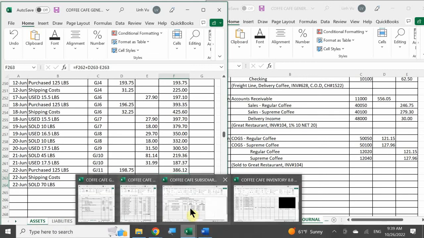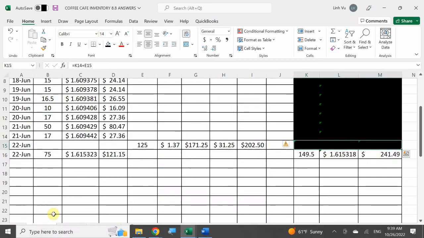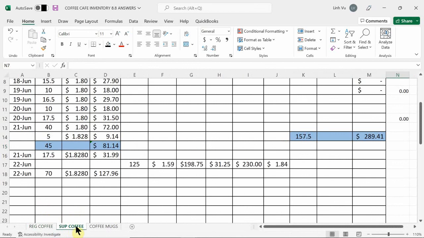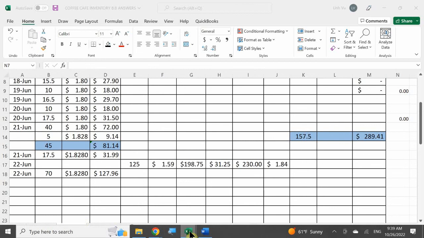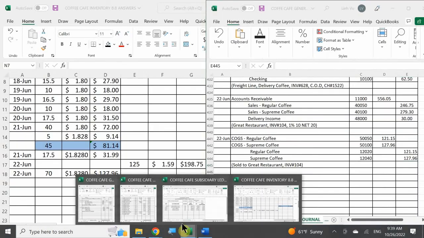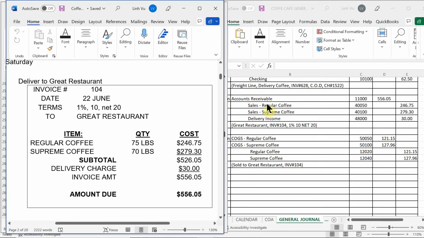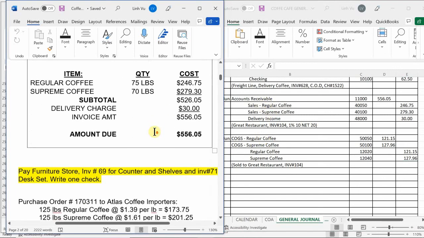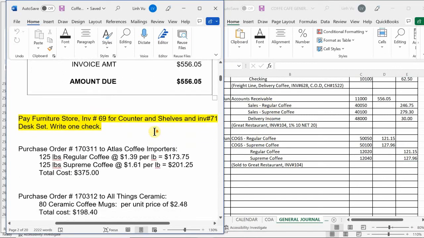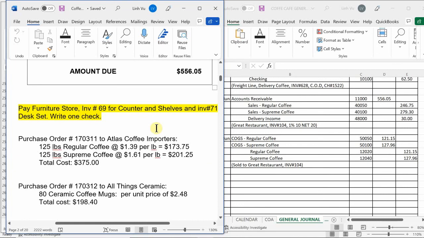And then let's check to see if my inventory worksheet matches. 289.41. Yes. Okay, there you go. You are completely done with that transaction. Okay, so let's go ahead and do the next three here.